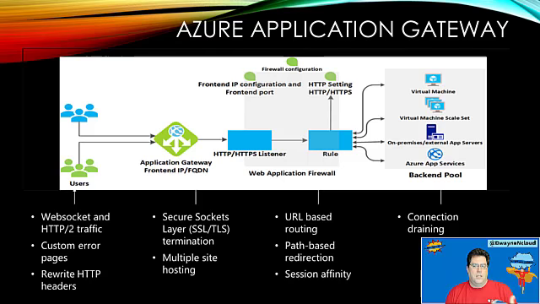Based on what request is coming in, it looks at what that request is and what rule applies, to go to a virtual machine, a scale set, or an app service, in terms of what you have set up within your backend pool. So here we're routing traffic.